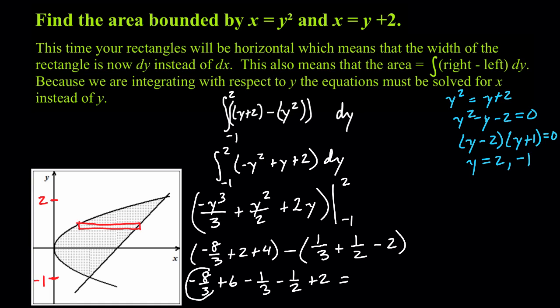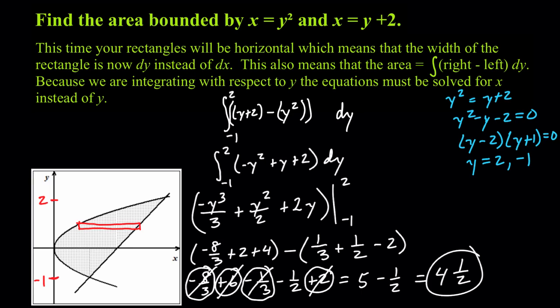Now the negative 8/3 and the negative 1/3 is negative 9/3, which is negative 3. So negative 3 plus 6 is 3, plus 2 is 5. Then we've got minus 1/2, giving us 4.5 for the area.